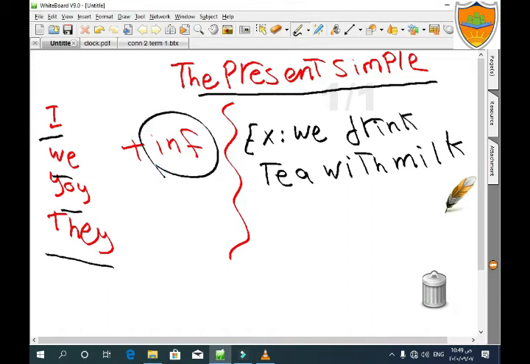Let's have an example. We drink tea with milk. I can say I drink tea with milk, or you drink tea with milk, or they drink tea with milk.